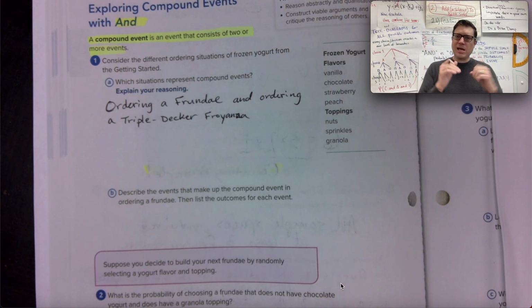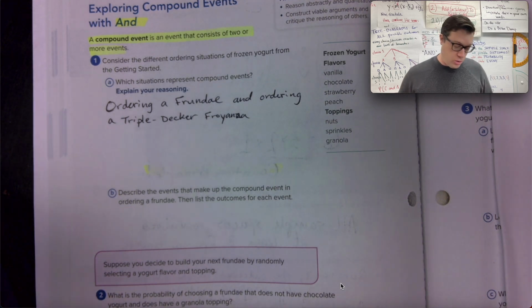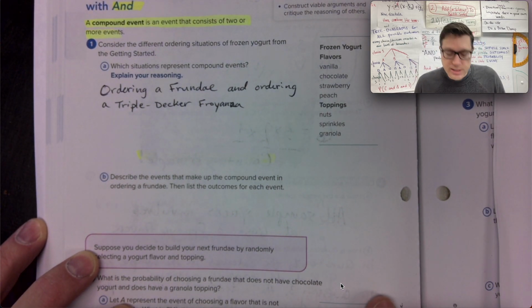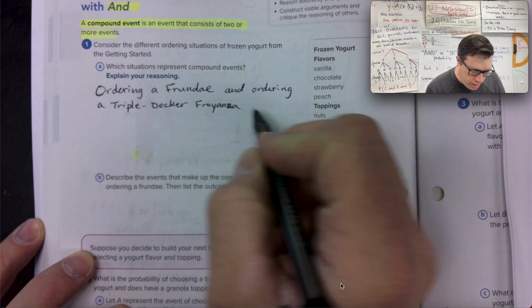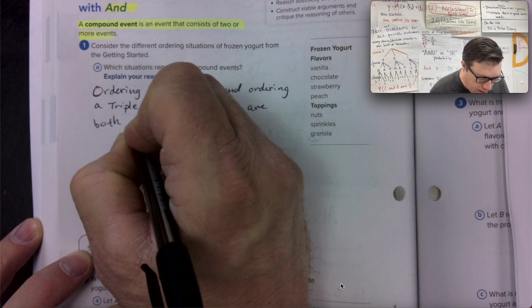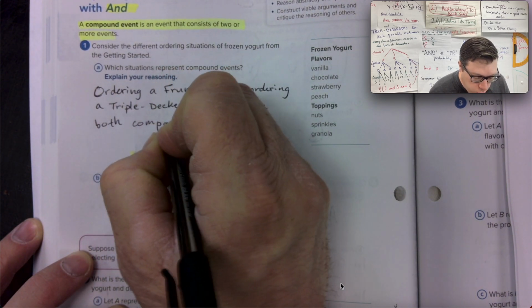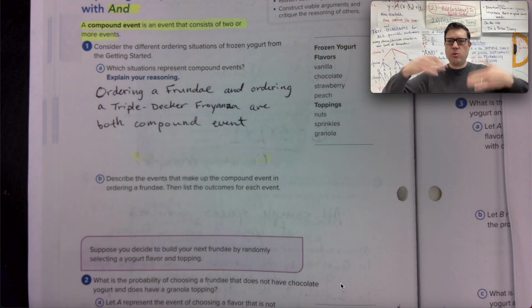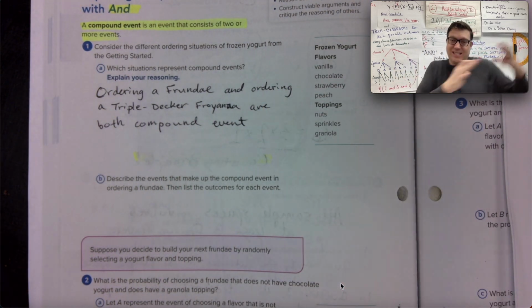And when you put them together to make your frozen yogurt order, you are doing probability of compound events. So ordering a Frunde and ordering a triple-decker Froyanza are both compound events because they require you to consider more than one choice, more than one decision.